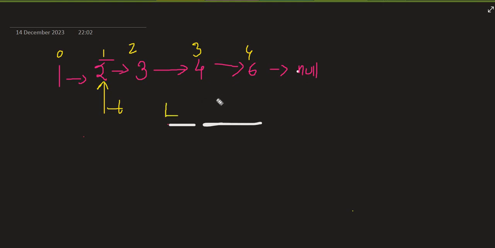Now if I come to the first position, and I attach this 2 to 100, then of course 100 will be at the second position.